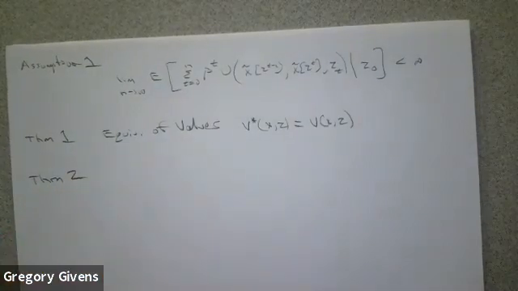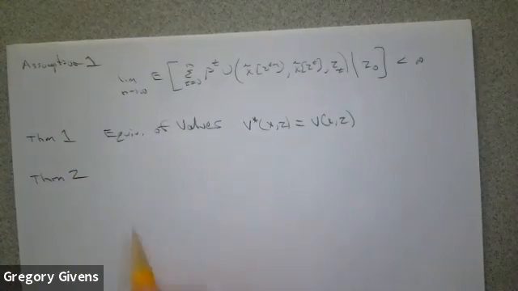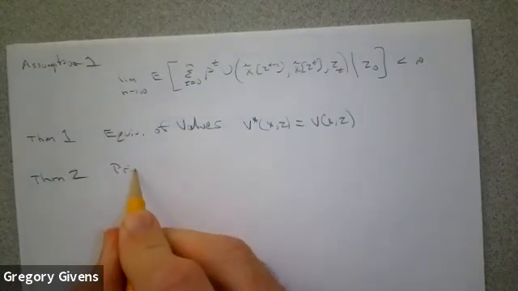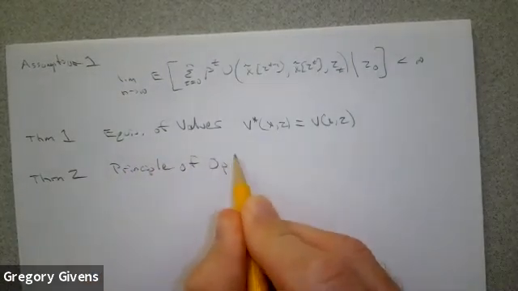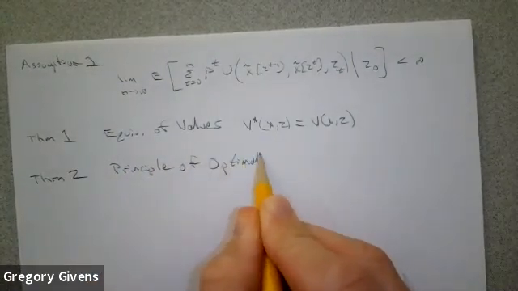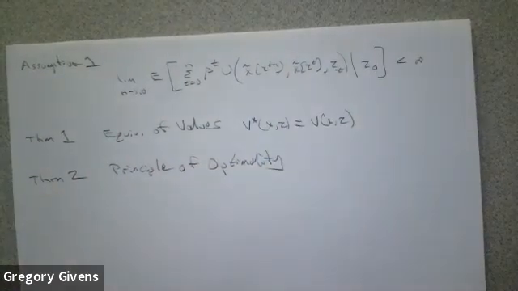Assumption 1 is also enough to give us theorem 2, which I think was called the principle of optimality. This is a super important one, perhaps the most important one in the set of dynamic programming theorems.